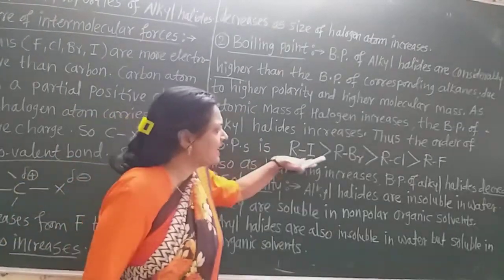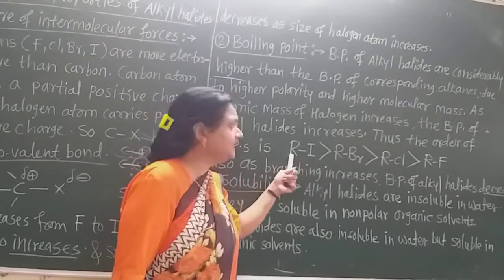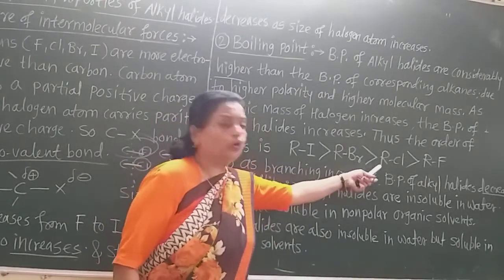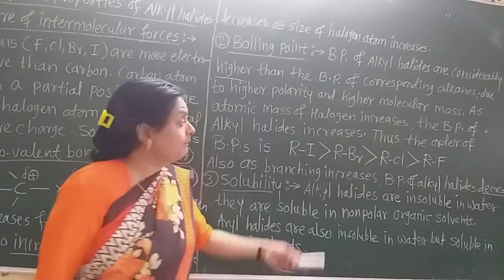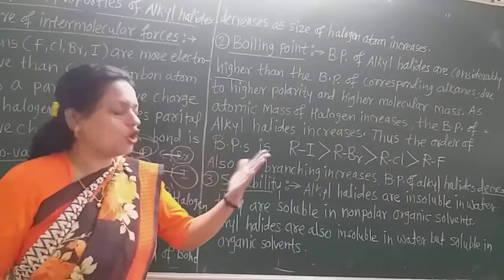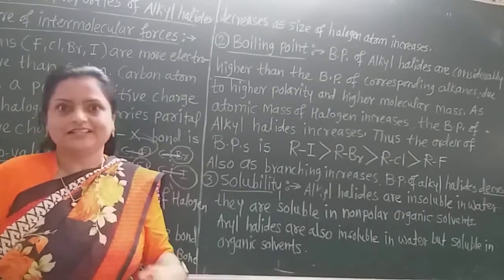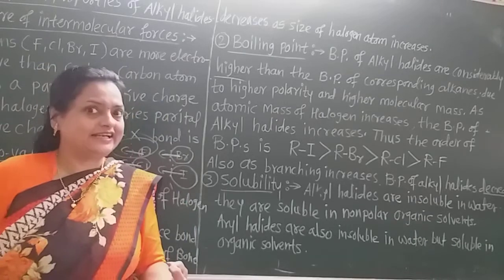Because all these have similar R groups, suppose this is methyl iodide, methyl bromide, methyl chloride, and methyl fluoride. Definitely methyl iodide has a greater boiling point than methyl chloride and the other alkyl halides. That is the reason: as the molar mass increases, the boiling point also increases.